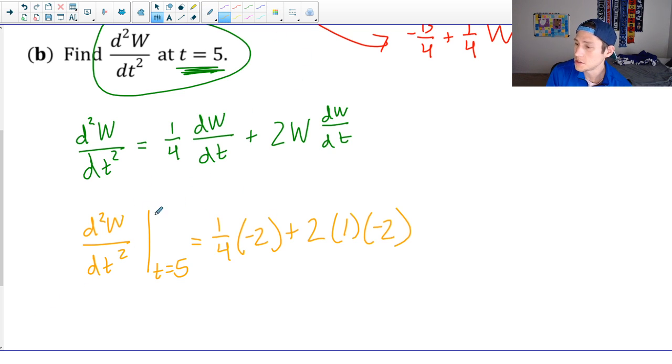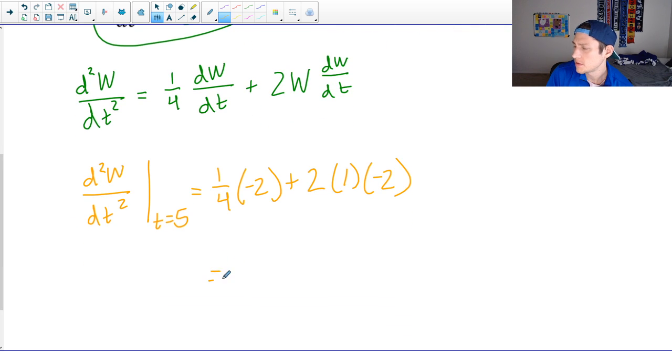If we don't need to use this for anything, then I would say just leave this here as my answer without simplifying. If you do simplify, so this would be negative 1/2 minus 4.